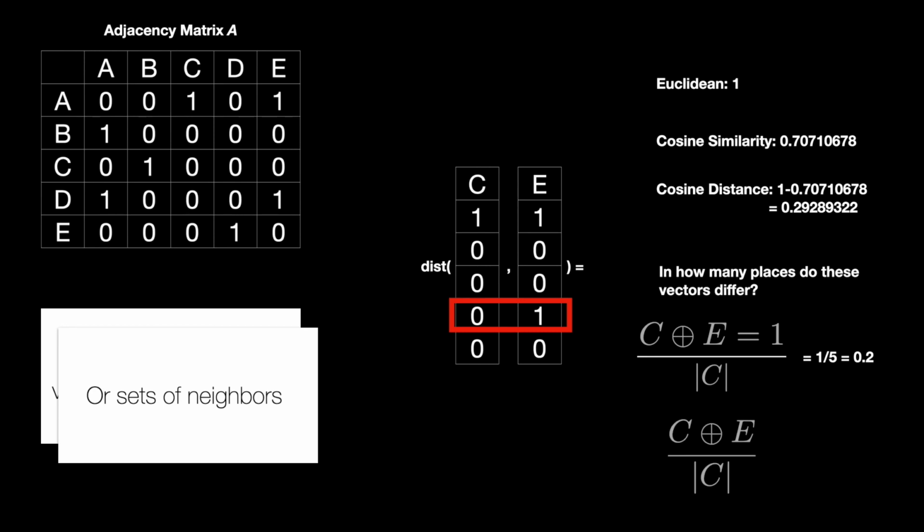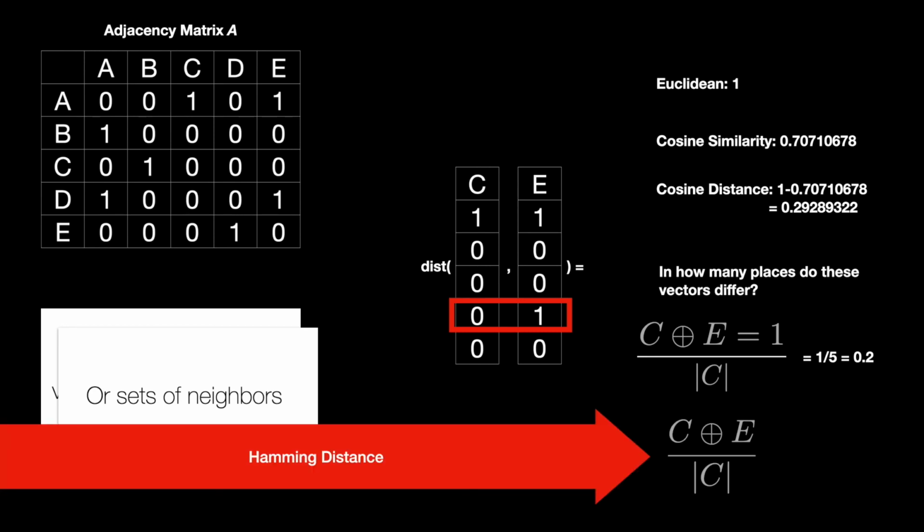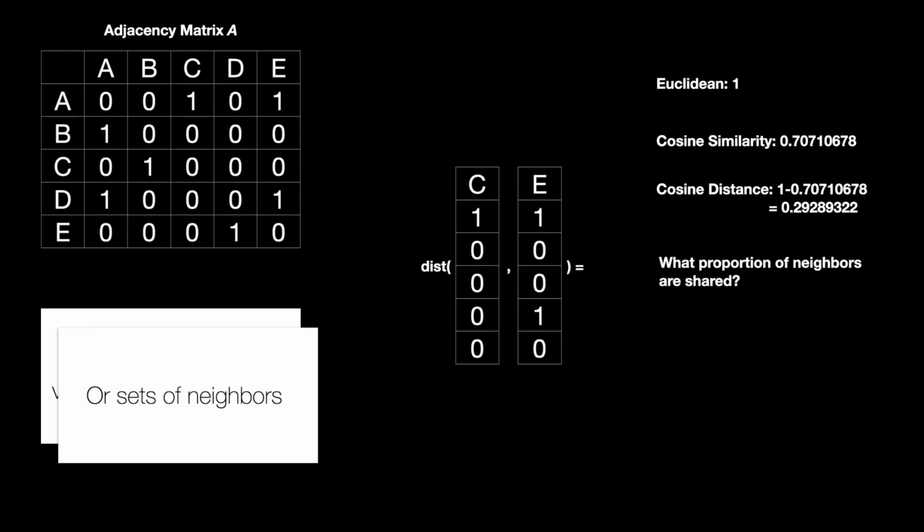This is a general distance metric called Hamming distance that comes up a lot when you have these binary sets or binary vectors. Alternatively, we can do a different kind of distance metric based on the proportion of shared neighbors. So of the neighbors that these two columns have, how many of them are shared between them? Here we can look at the intersection between these two neighbor sets.